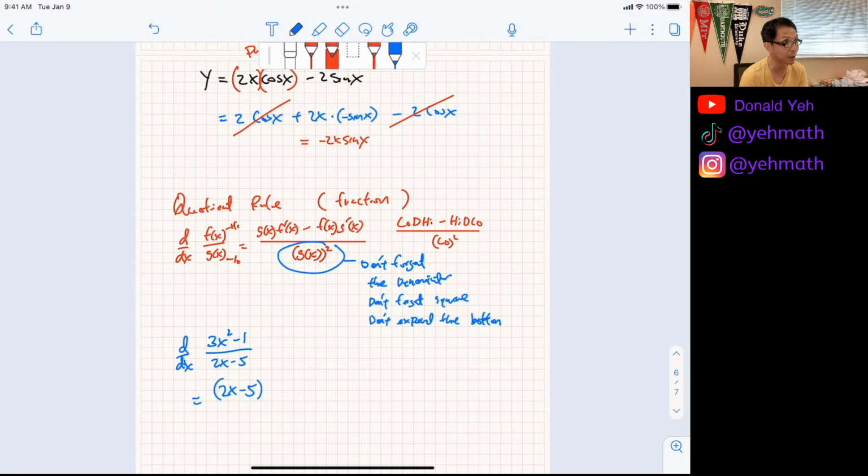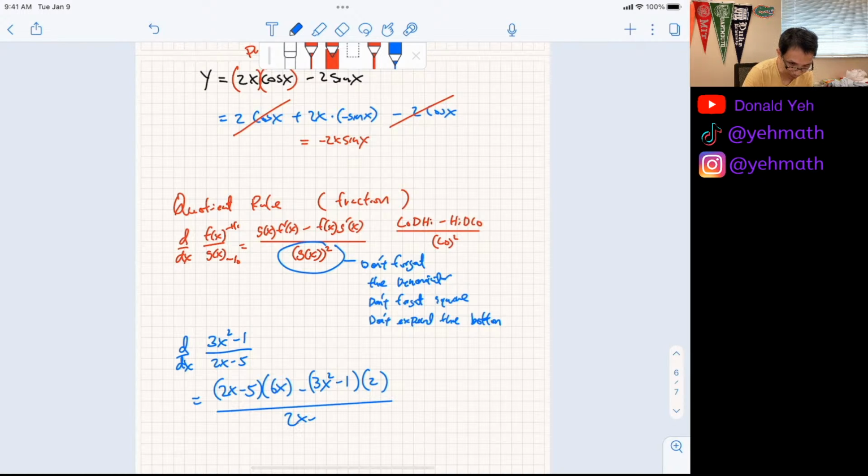Derivative of the high. What's the derivative of the high? 6x. Minus high d low over low. Don't expand the bottom. Keep it 2x minus 5 squared.